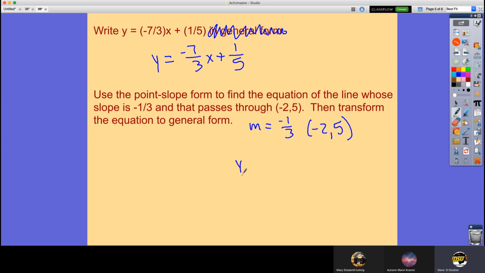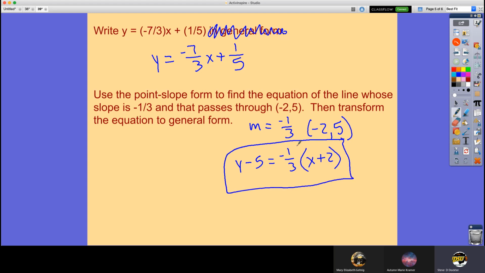So we would go y minus 5 equals our slope times x plus 2. If you're going to do point slope form, this absolutely has to be in parentheses here. If it's not, it's wrong. But that's as far as you have to go. You don't have to transform it into anything.